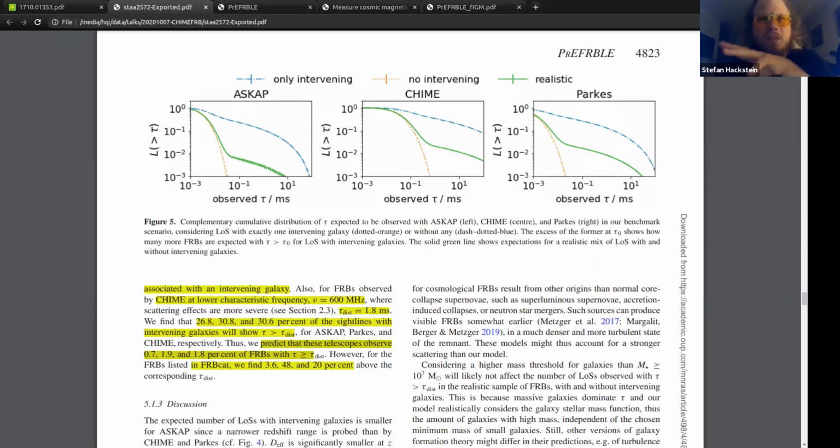But generally speaking, if you have a local environment that is responsible for this, then of course it will be a much denser environment, and the higher density will produce higher dispersion measures and higher rotation measures together. So if we are looking at a local environment with a stronger contribution to the scattering, then the contribution to RMs and DMs will rise, and this will hamper our search for the intergalactic magnetic field, for example.